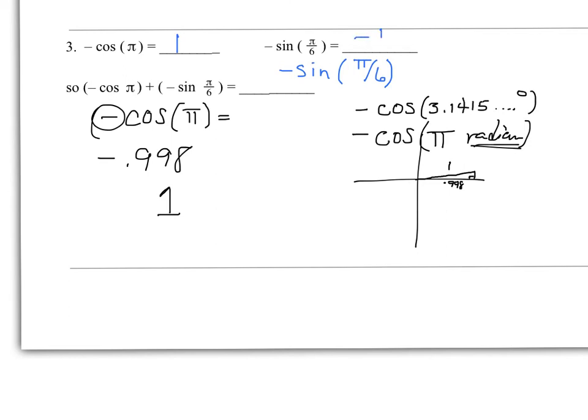So negative 1/2. Now you can see here, just like I did in the previous video, we're just adding these two. You can actually put this whole expression into your calculator. Put in negative cosine, parenthesis, pi, make sure you're in radians, close parenthesis, then you push plus, open the parenthesis, just like I've got it written up here.